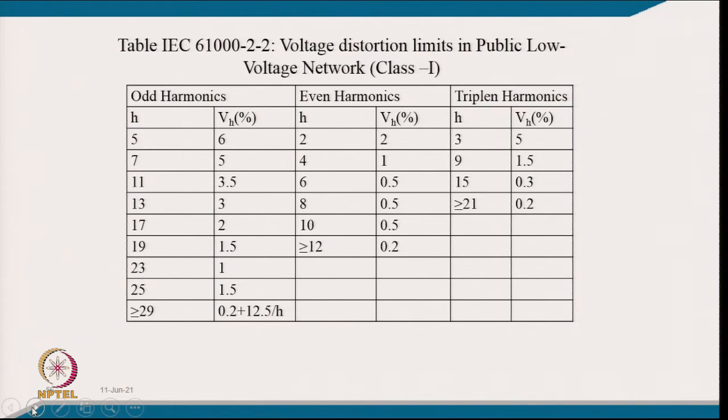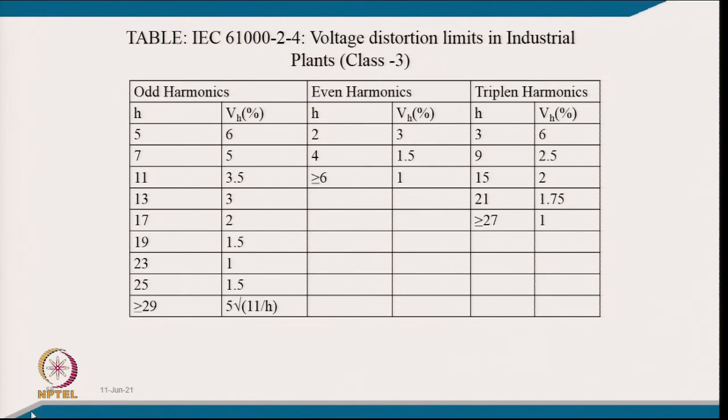So, you have a complete table where H is the fifth, or even harmonics, or triple harmonics. It is given corresponding to all odd harmonics, then the even harmonics and then triple harmonics, as a percentage of how much can be permitted, and it guides up to about the 29th harmonic. So, this guides voltage distortion in public low voltage distribution systems.